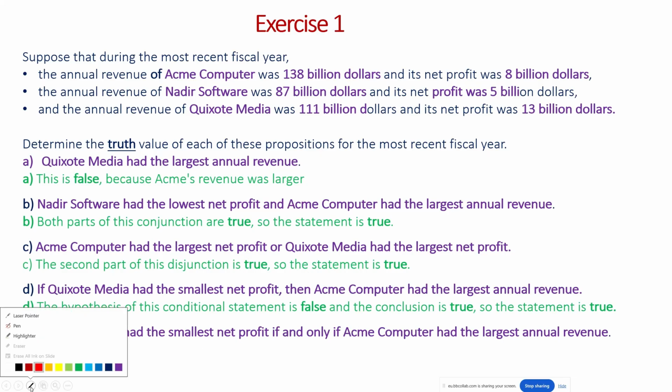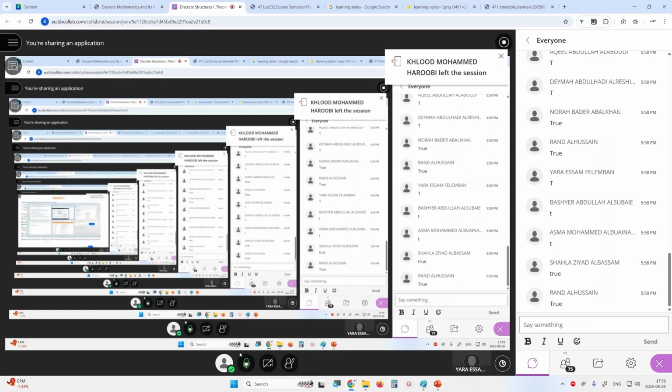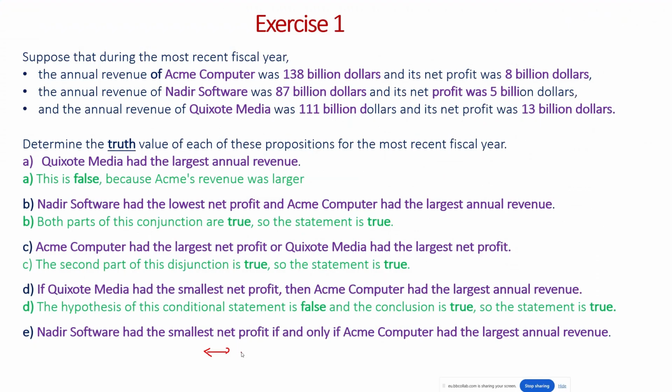Let me go back to the pen. Nadir had the smallest net profit, so this is true. And ACME Computer had the largest annual revenue. That's true. So the result should be true.